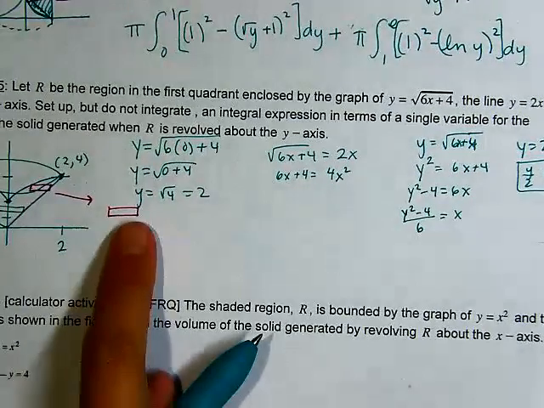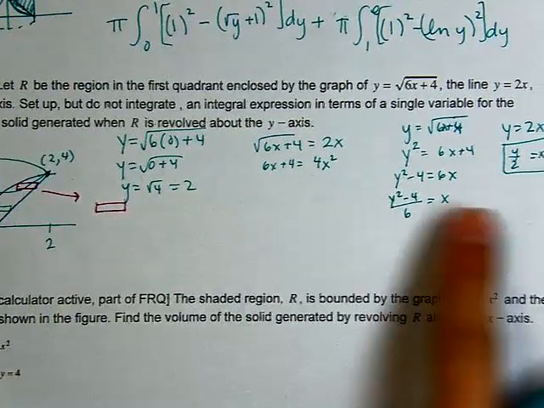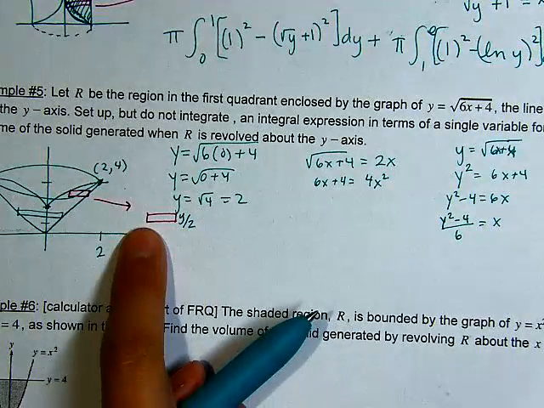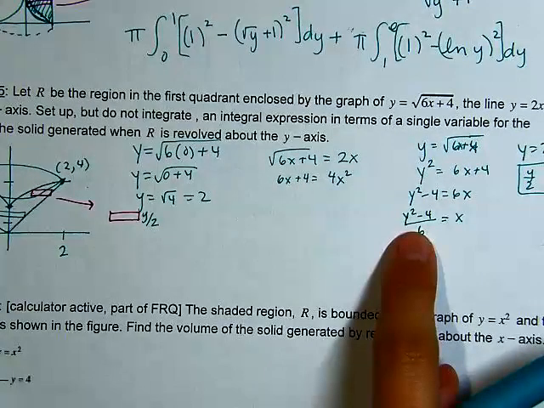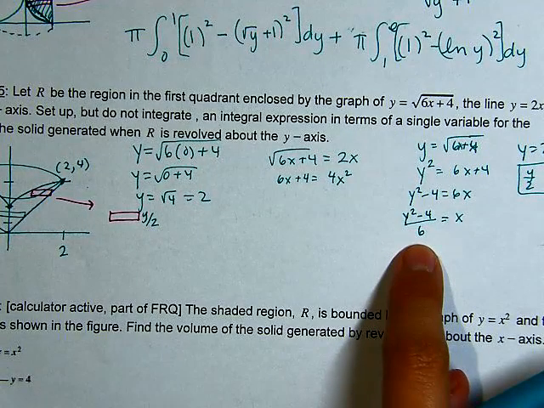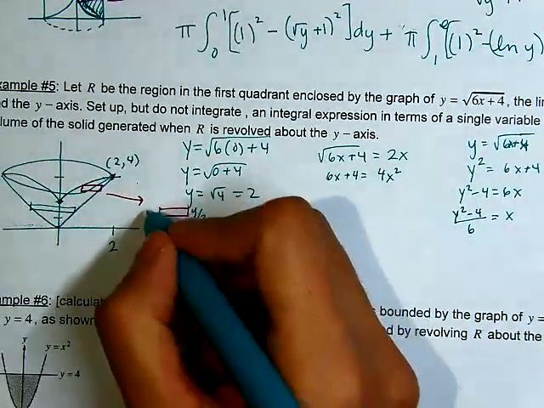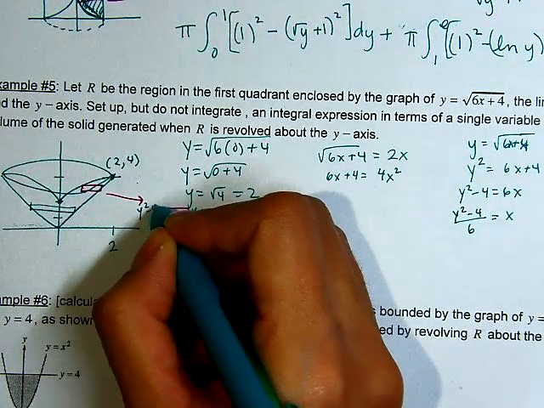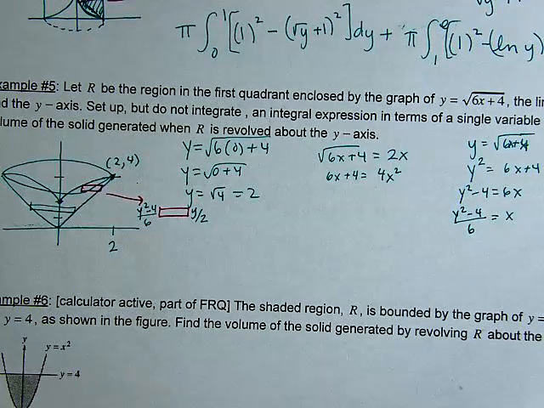So here our outside radius was the line. So that means y over 2 is my outside radius. My inside radius will be y squared minus 4 over 6. So these are all in terms of y values.